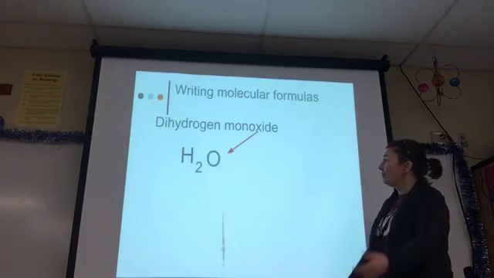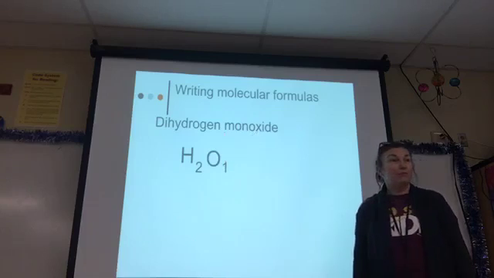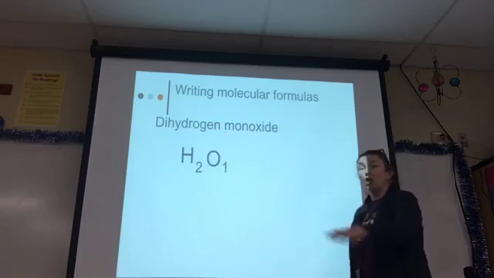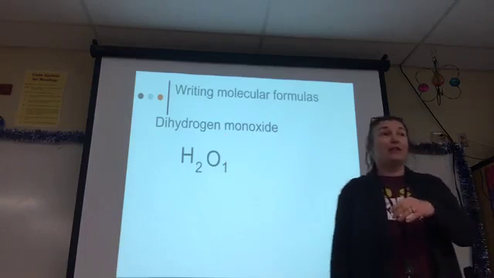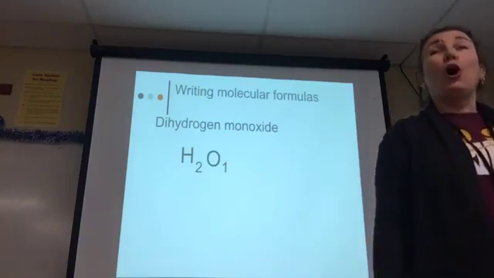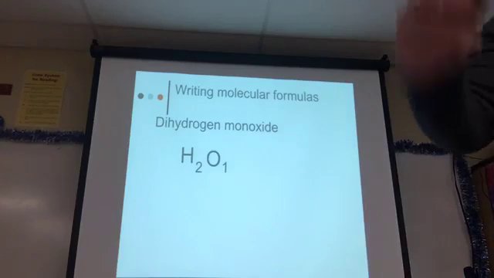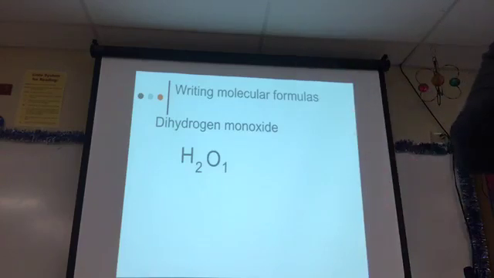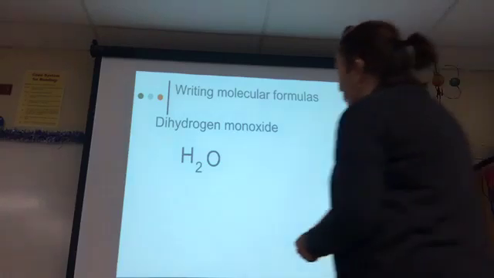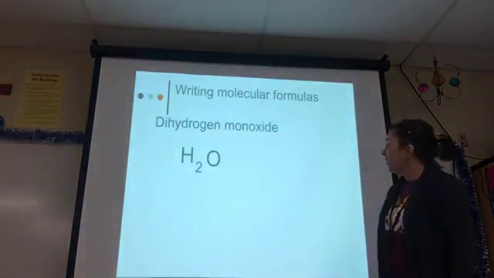O is oxygen. That's it. You don't have to look at charges. You don't have to look to see if it's type 1, type 2. Only thing you have to do is turn it over and look at your prefixes. That's all you have to do. These guys are simple. Very simple to name and write formulas for. Make sense? You have to put the 1? No, you don't. I just got rid of it to show you.